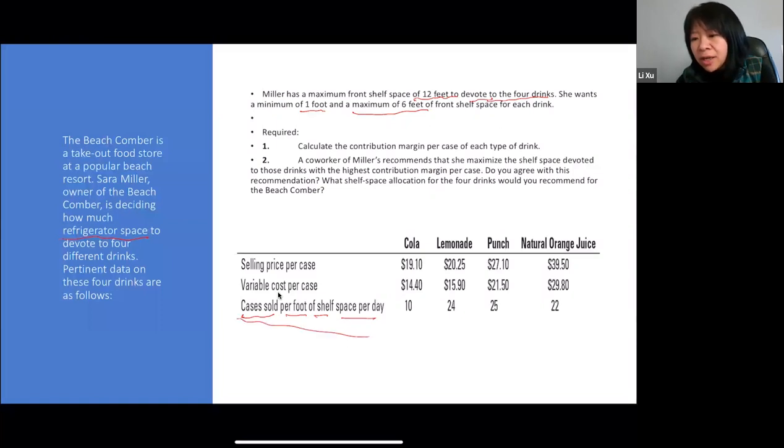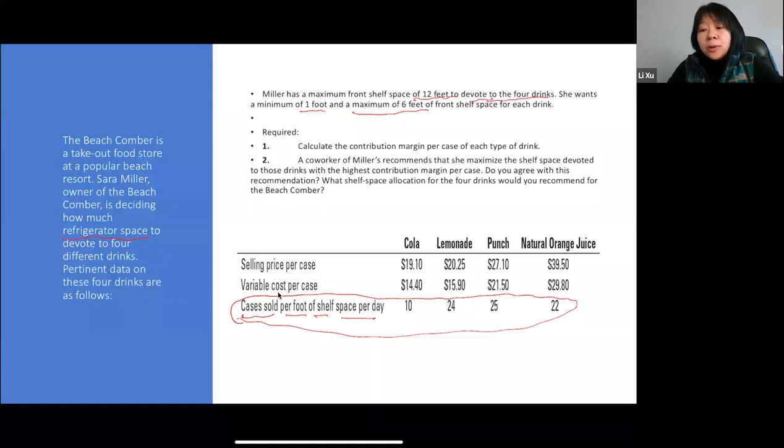So this basically tells you, to sell 1 case, how much resources it's going to take, okay? And this resource is the constraint. All right, so now the question facing this food store is to decide which one to sell, which one to put on the shelf, and how much space it should take.